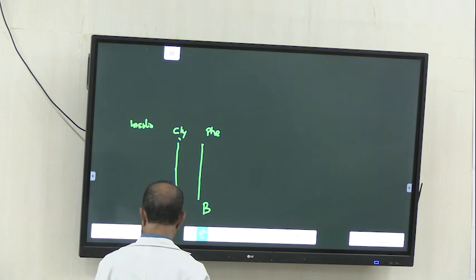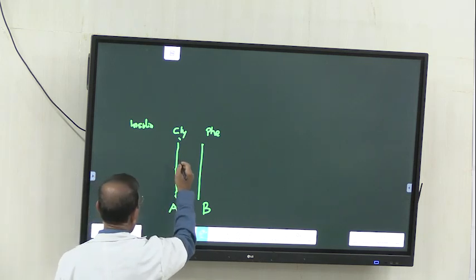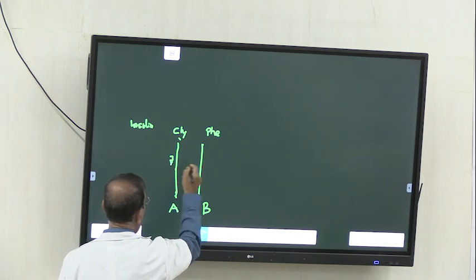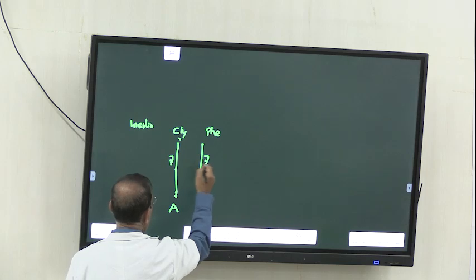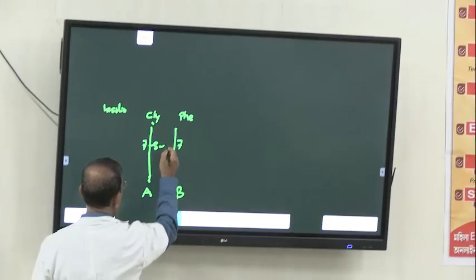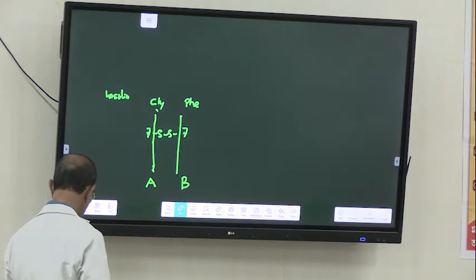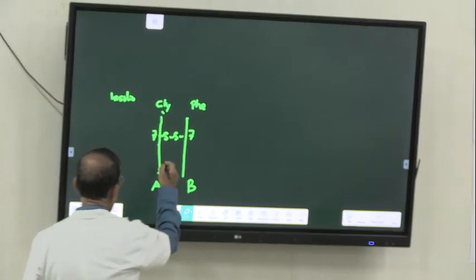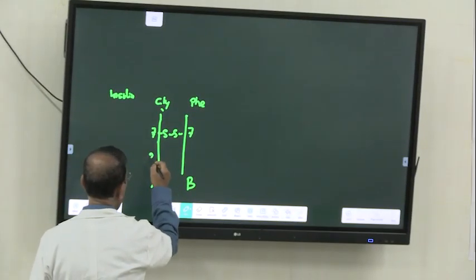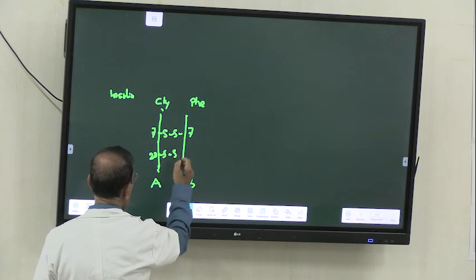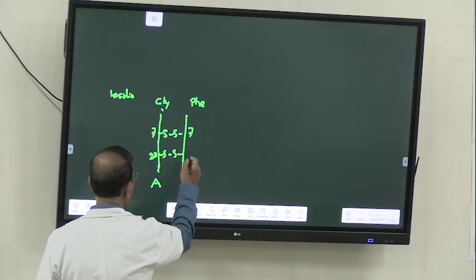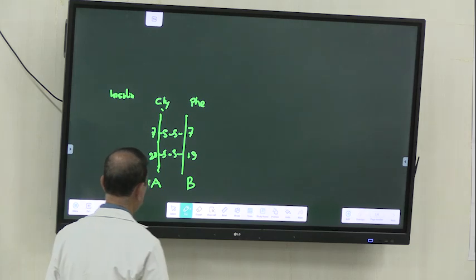Now, there is a disulfide bond between the 7th amino acid of the A chain and the 7th amino acid of the B chain. Again, there is a disulfide bond between the 20th amino acid of the A chain and the 19th amino acid of the B chain.